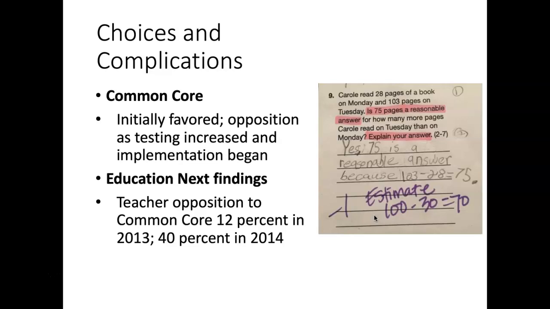Seems logical. But the child lost a point because they were supposed to estimate 100 minus 30 by estimating those two numbers, because estimation was what they were learning at that point in time. So even though the child was able to actually do the math, they were graded down because at that point what they were supposed to be doing was estimation. And so this is the type of very confusing application of Common Core which led to higher opposition from teachers.